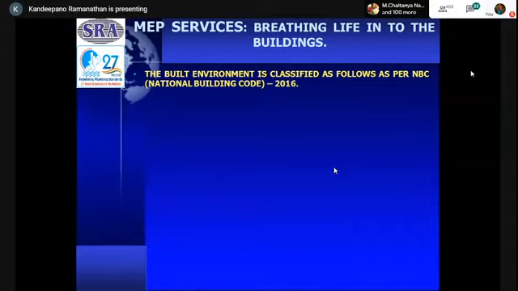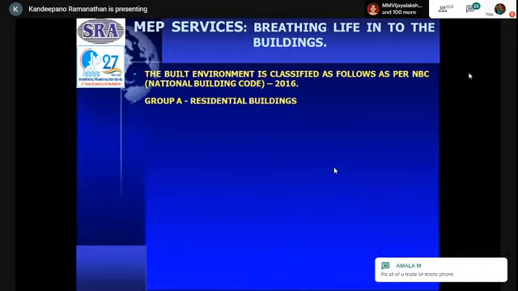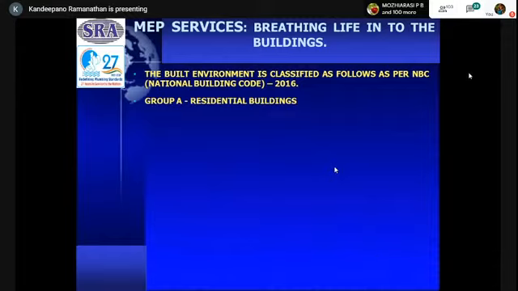Okay, very good. Now for the built environment, as per NBC, buildings are classified into different classifications. This is for the convenience of setting certain regulations on what type of services and what type of regulations these kinds of buildings require.